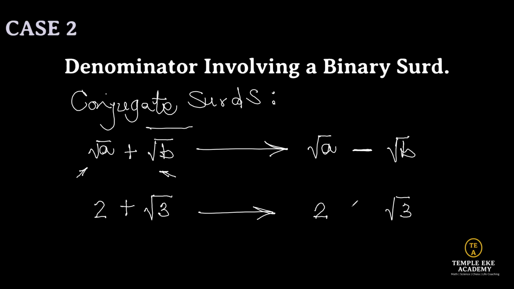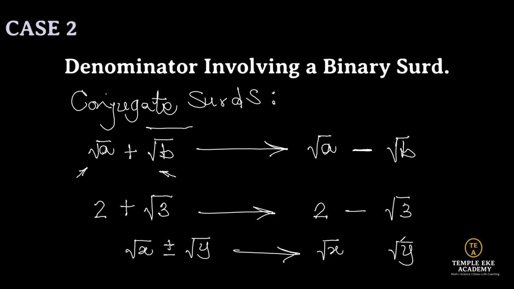Plus translates into minus. So as a generalization here, we can say if we have square root of x, either plus or minus the square root of y, the conjugate of this will simply be retention of the square root of x and that square root of y, but with a reversal of the sign separating them.